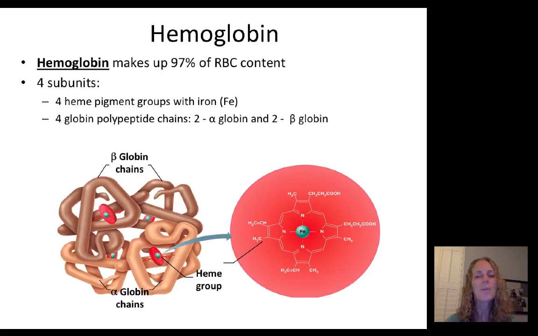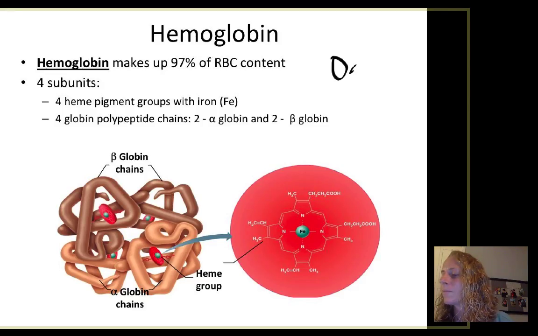So what is hemoglobin, and why is it so important that we've packed our red blood cells full of it? There's 4 subunits to hemoglobin, and the purpose of hemoglobin is to carry oxygen. So hemoglobin is an oxygen-carrying molecule. It contains 4 pigment groups, each with an iron.